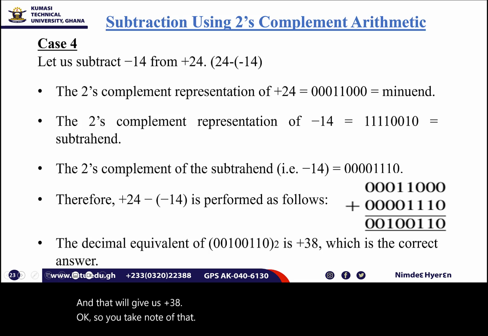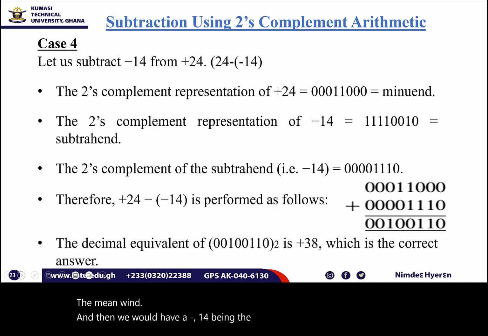Then in case 4, we are subtracting negative 14 from 24. So you have 24 minus negative 14. And in this case, we would have our 24 being the minuend, and then we would have our negative 14 being the subtrahend.